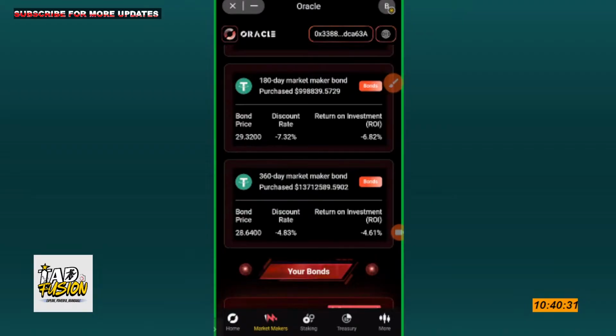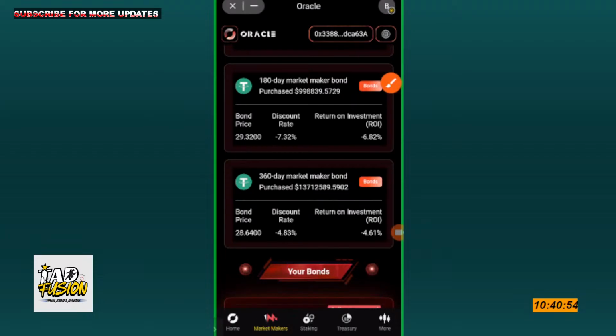Why are they made expensive? Because the system does not want you to bond right now. It does not want you to go under market bonds, under market makers.